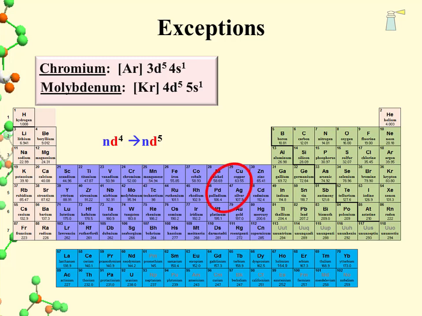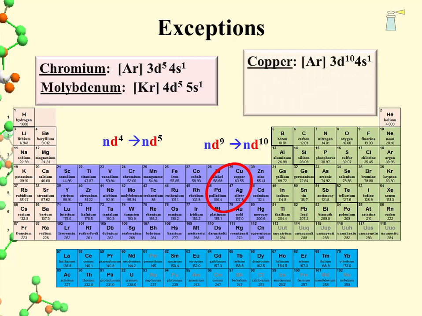The other region is where adding an electron or electrons completes the full set of d orbitals, and that is where the last occupied orbital is nd9. nd9 goes to nd10 with the promotion of an electron from the preceding s orbital.